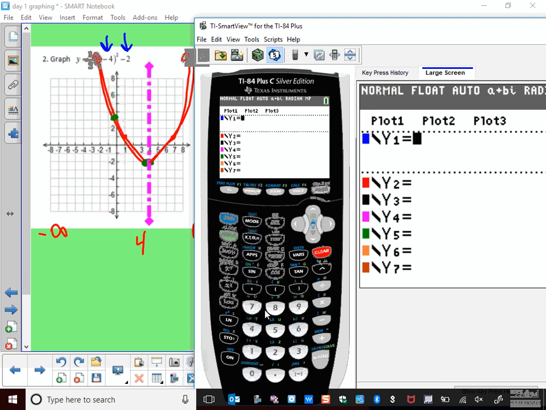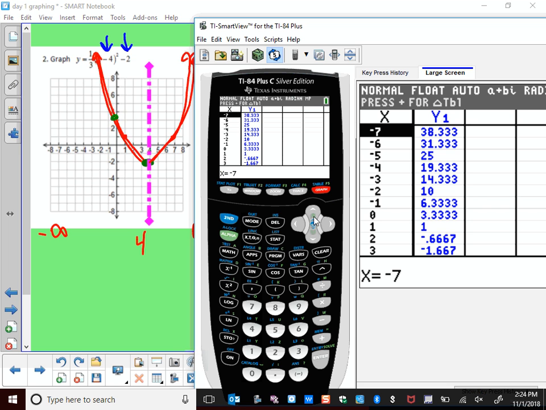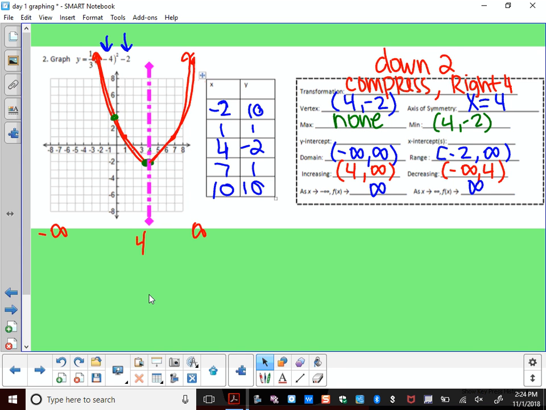All right, so for my y-intercept, I'm going to see where x is 0. What's that point? 3.33. So my y-intercept is 3.33, or you can write 0, 3.33. Either way works for me.